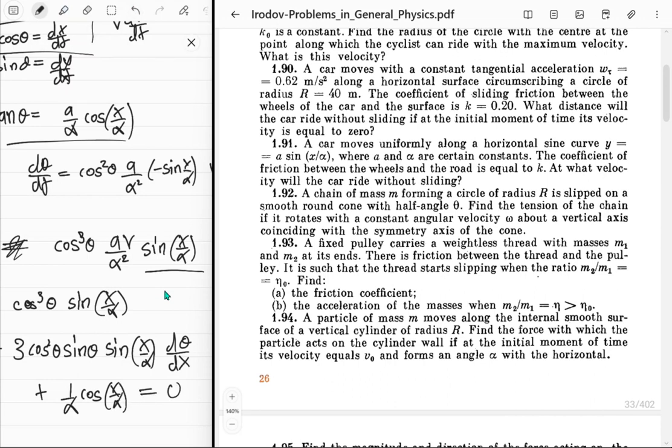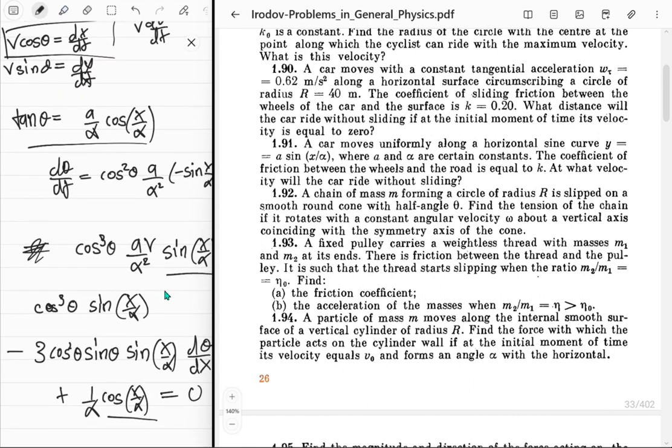Now, when does this happen? When is it equal to 0? One thing that I think is it will happen when this whole thing is gone, right? Whenever, say, cosine of x upon alpha is gone, that will make this happen, right? Because then at that point tan theta will be 0 as well.